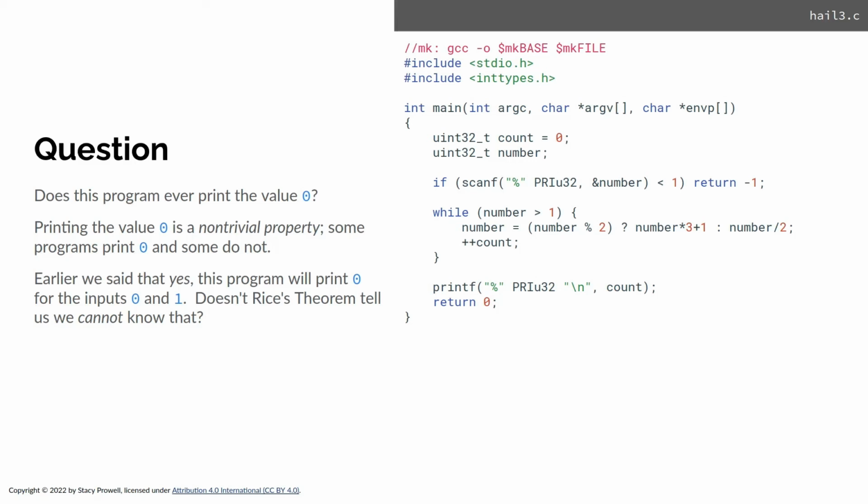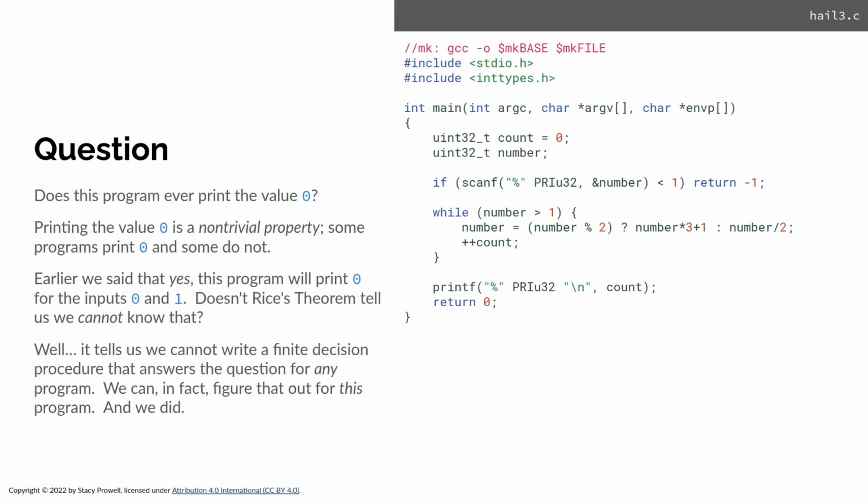So how is it we figured it out? Because we did figure it out. Well, what these things tell us is we can't write a finite decision procedure, a program, that answers the question for any other program. It doesn't tell us I can't figure it out for a particular program.